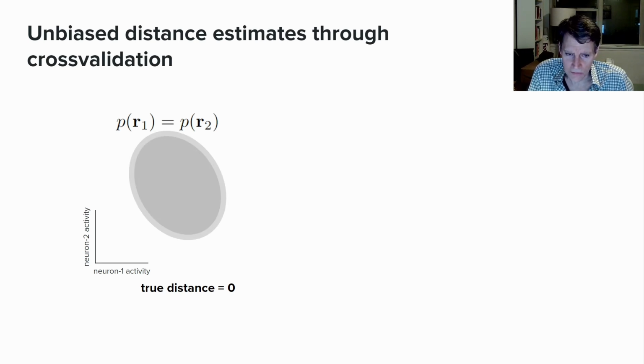This could be any distribution. I'm drawing an elliptical distribution here. It doesn't have to be isotropic. It doesn't have to be Gaussian either. So you can draw two patterns here and compute the difference between them, and that would be the response pattern difference in the training set. And then we can draw two patterns again from the test set, and we get a different vector here.